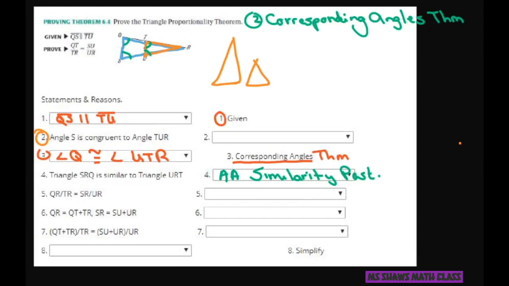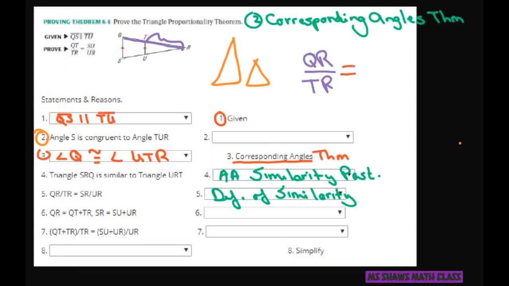Therefore, by definition of similarity, QR divided by TR is equal to SR divided by the smaller side, because we have the smaller triangles.